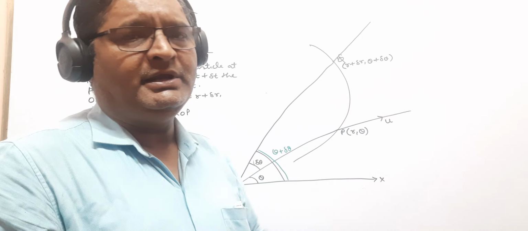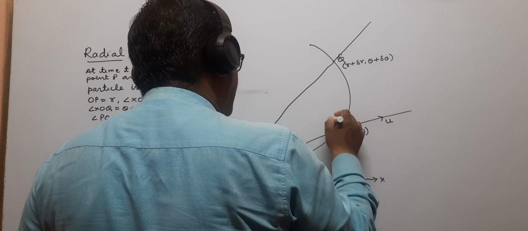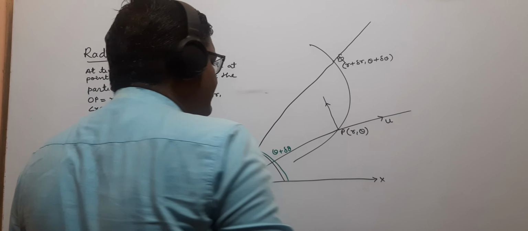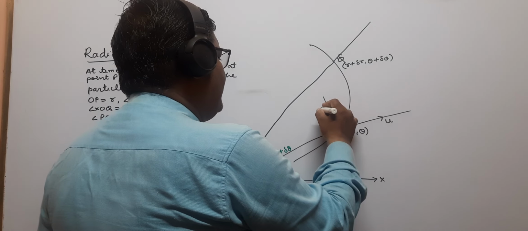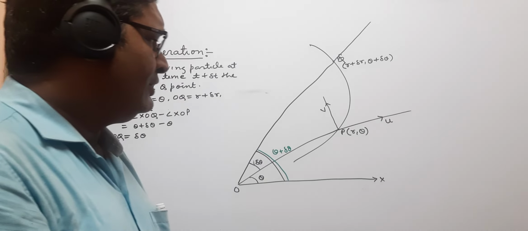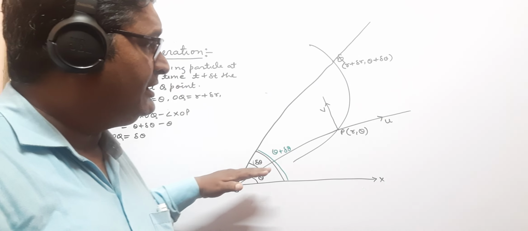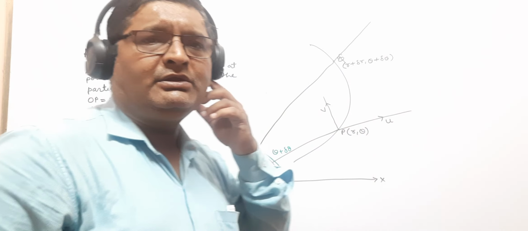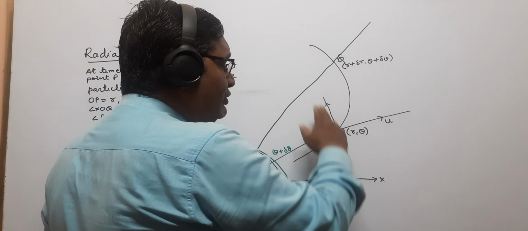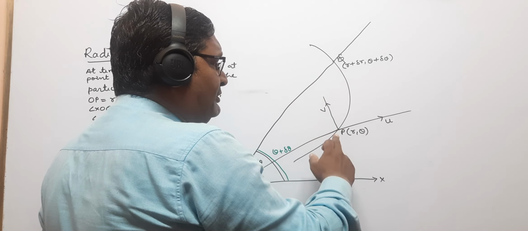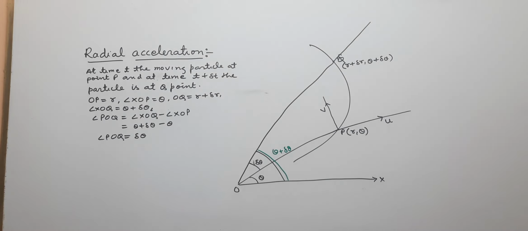The velocity component perpendicular to the radius vector at point P is called the transverse velocity, which is denoted by v.